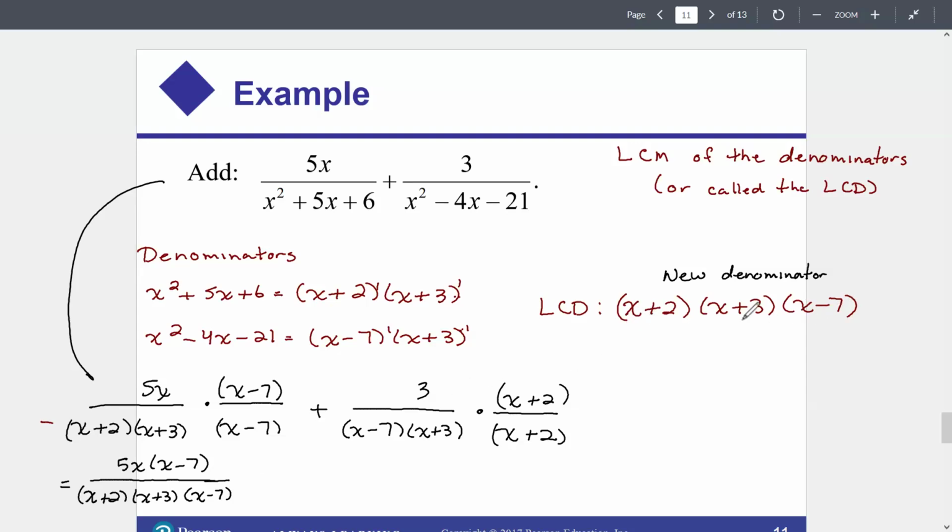So I got my LCD as my new denominator. And then I'm going to have 3 times x plus 2 over x plus 2, x plus 3, x minus 7. So I'm just taking this denominator and rewriting it so it looks the same.